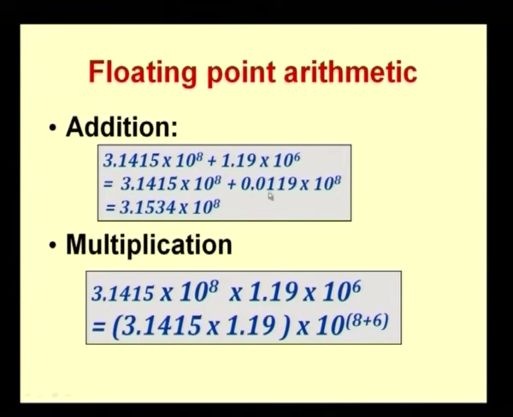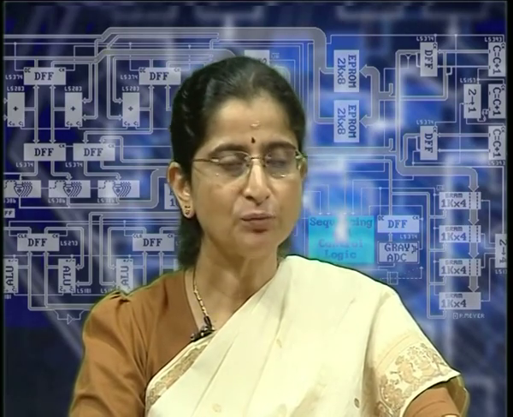So, it will become 0.0119 into 10 power 8. Now, I can add the two mantissas and write the answer as 3.1534 into 10 to the power of 8. So, what is to be remembered here is that when we do addition or subtraction, the exponents have to be equal before you can add or subtract the mantissas. Making the exponents equal is an important aspect before you do the addition or subtraction.